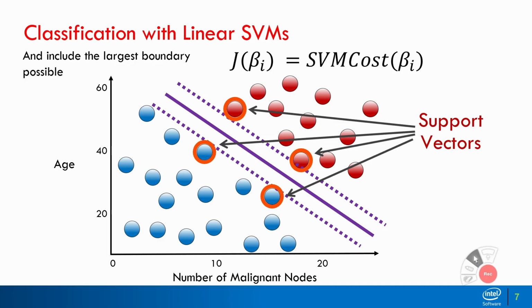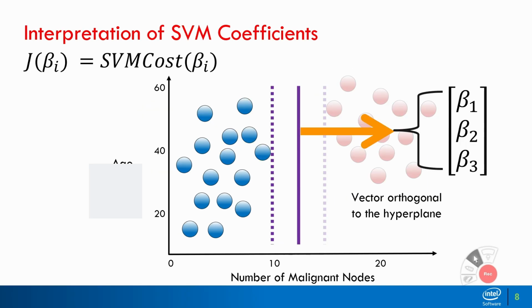Using each class's support vectors, we mathematically find the optimal line by minimizing the cost function J of beta, as we did in linear regression. Specifically, beta 1 and beta 2 represent the vector orthogonal to the optimal line.